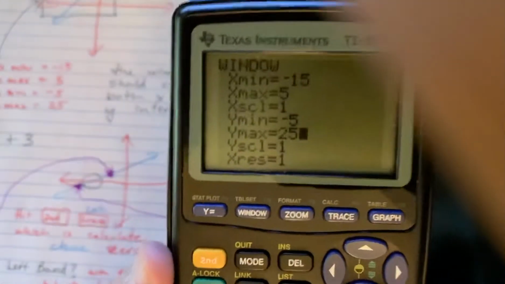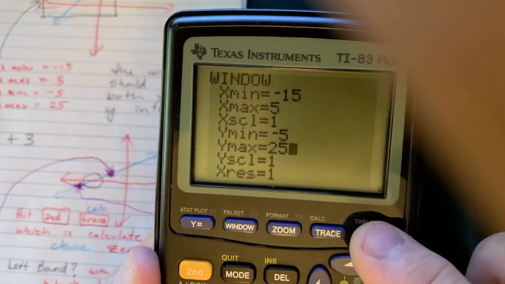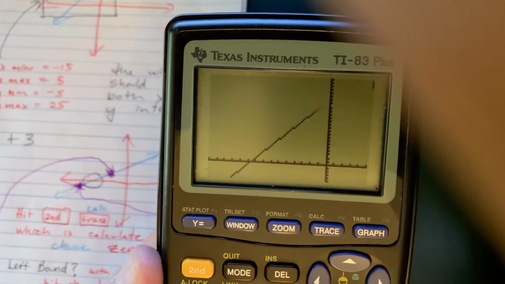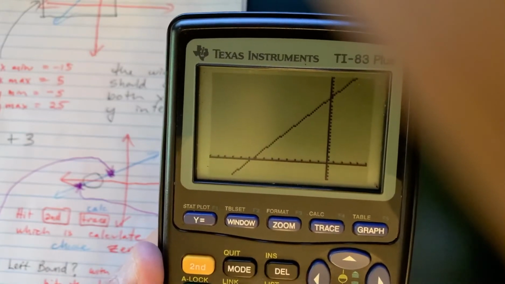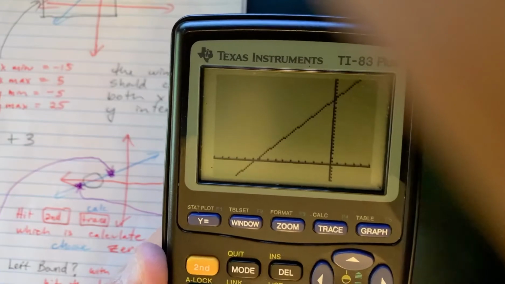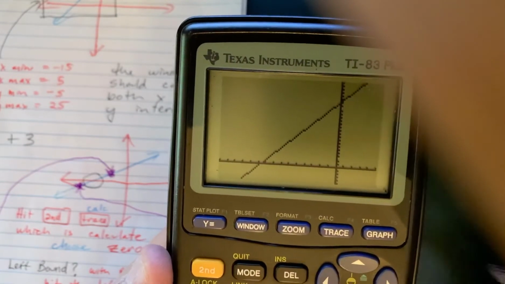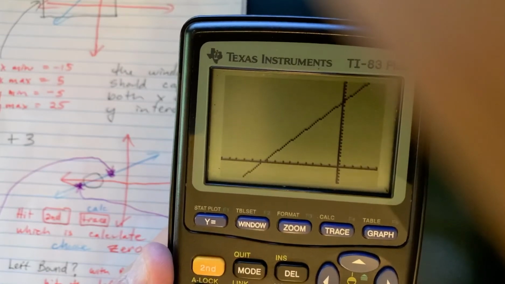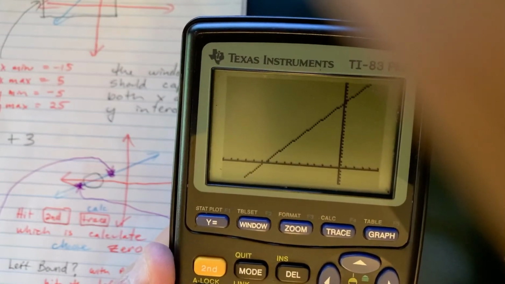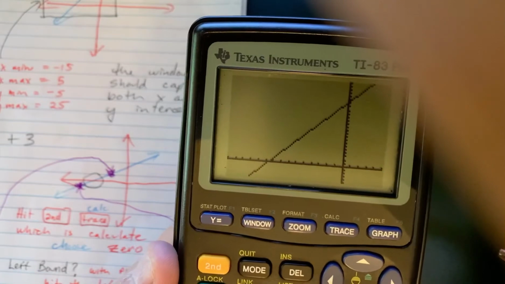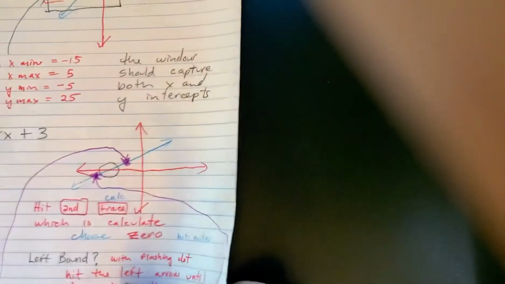Now if we hit the graph button, that changed the window. And now that's a much better window because you can clearly see the x-intercept and the y-intercept. Those are usually the pieces that we're after. All right. So that was for number 20 on review 3 on chapter 5-6.